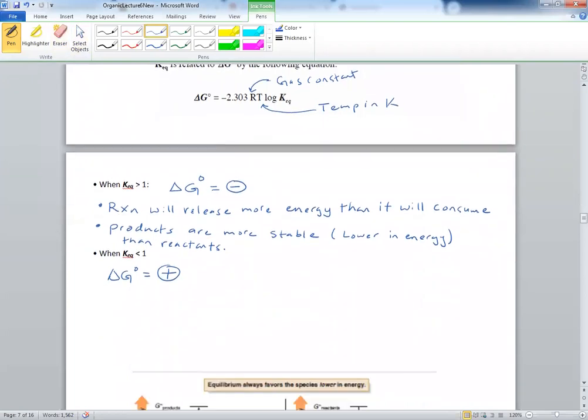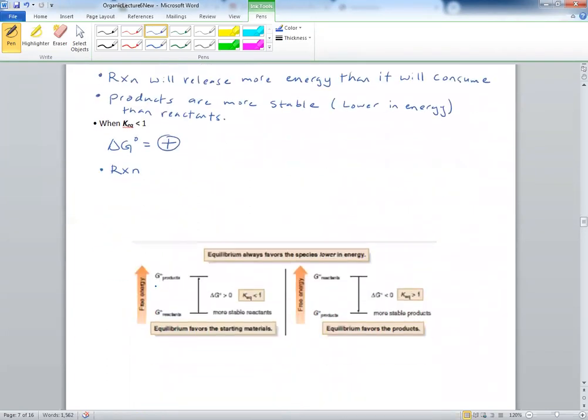And in this case, the reaction will consume now more energy than it will release.